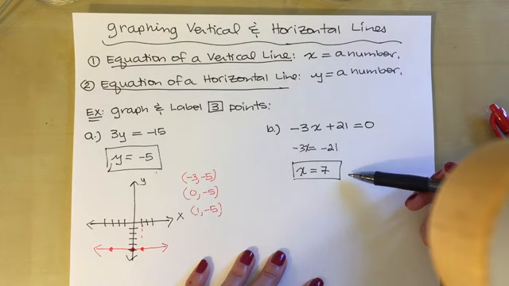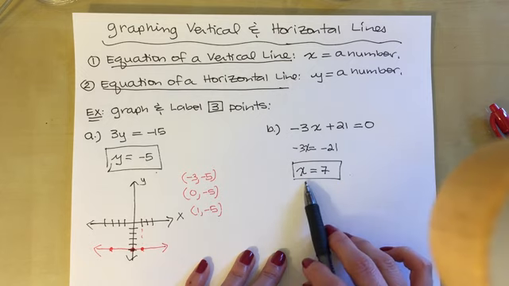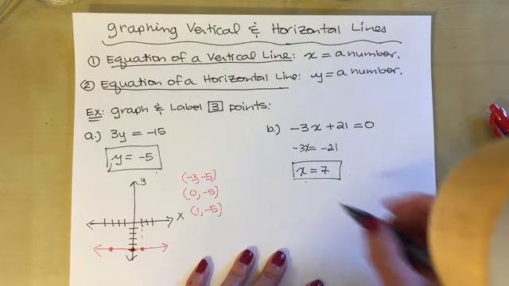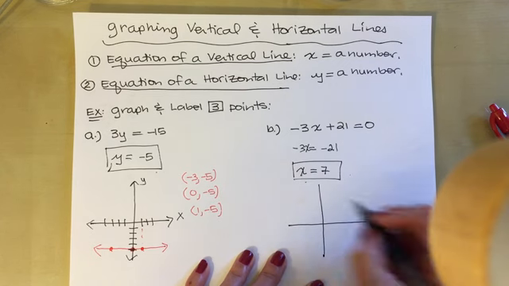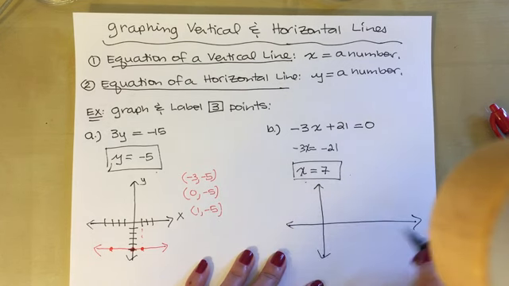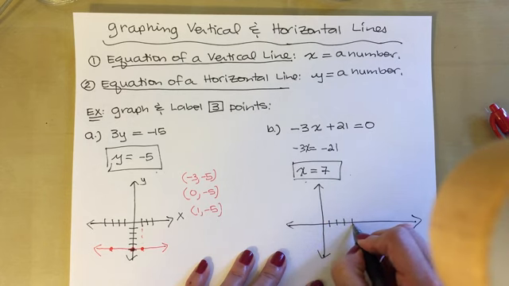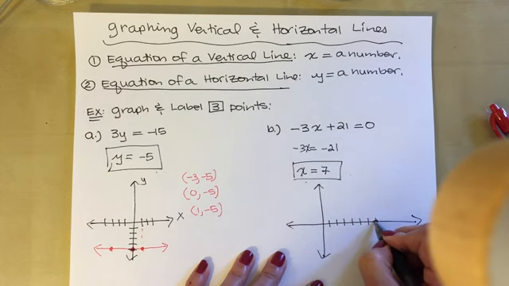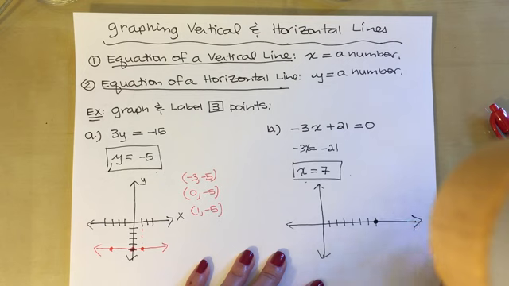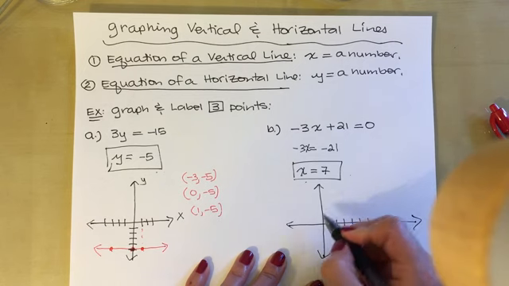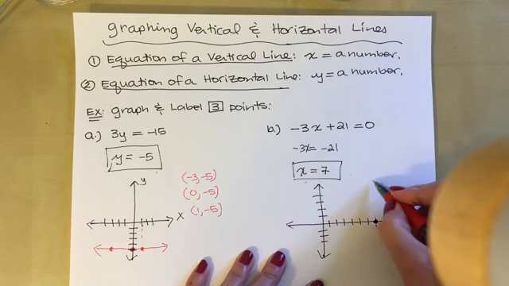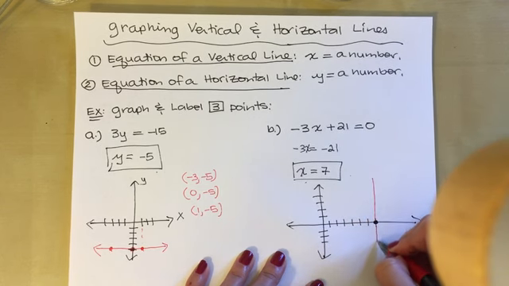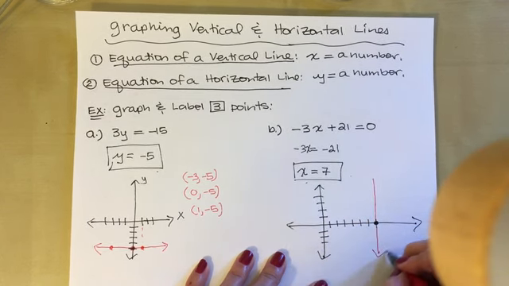That will be a vertical line since it's just x, no y. We will graph it and label 3 points. So I have my first ordered pair. Again, this is just going to be a vertical line, any vertical line through 7.